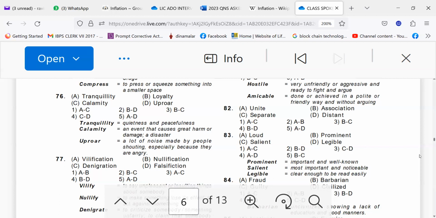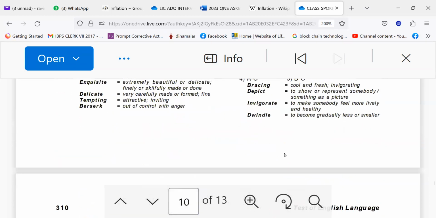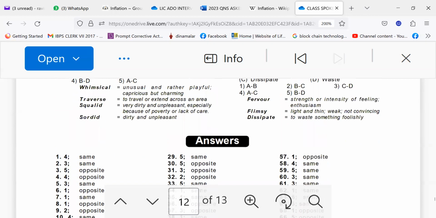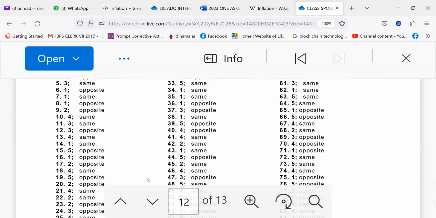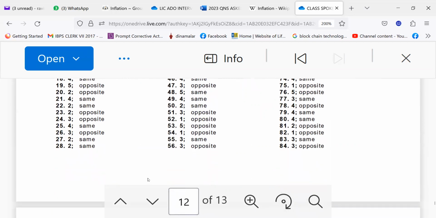Now we will go to the answers straight away. Now, what are the questions I gave you? Question number 2. The answer is 3. Same. Then question number 8. Answer is 1. Opposite. Then 14. The answer is 1. Then question number 22. The answer is 2.